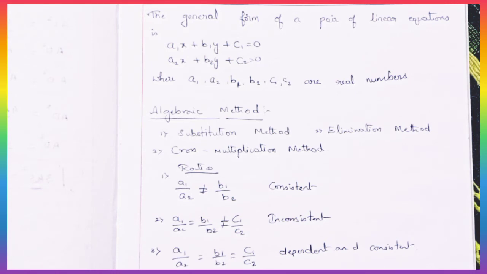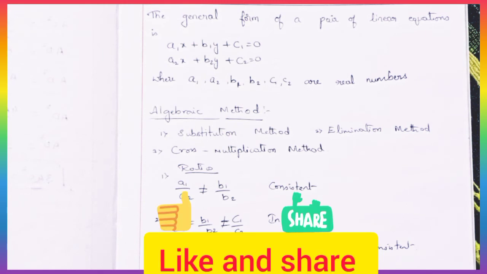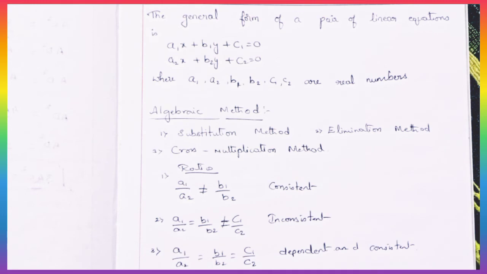In the algebraic method, to say whether the given equations are consistent, inconsistent, or dependent and consistent, we identify this by using ratios, whereas in the graphical method we plot the graph. If we get lines intersecting at one point, it is called consistent.